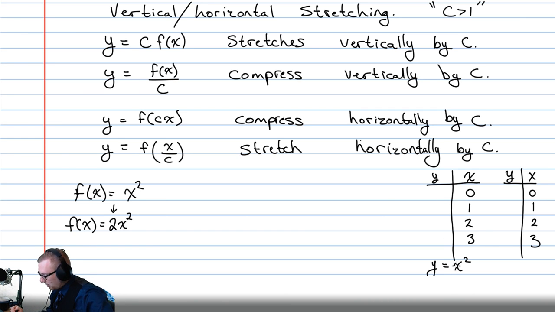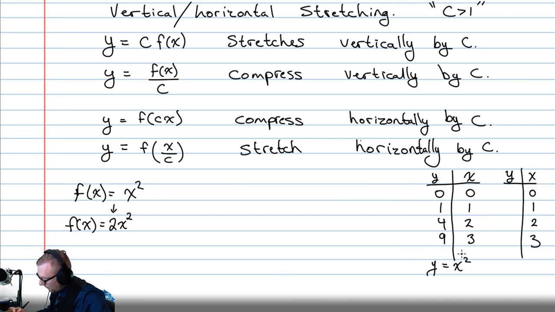What is y when x is 0? 0. Good. What about y when x is 1? 1 squared, so 1. Good. 2: 4. 3: 9. Okay, good.